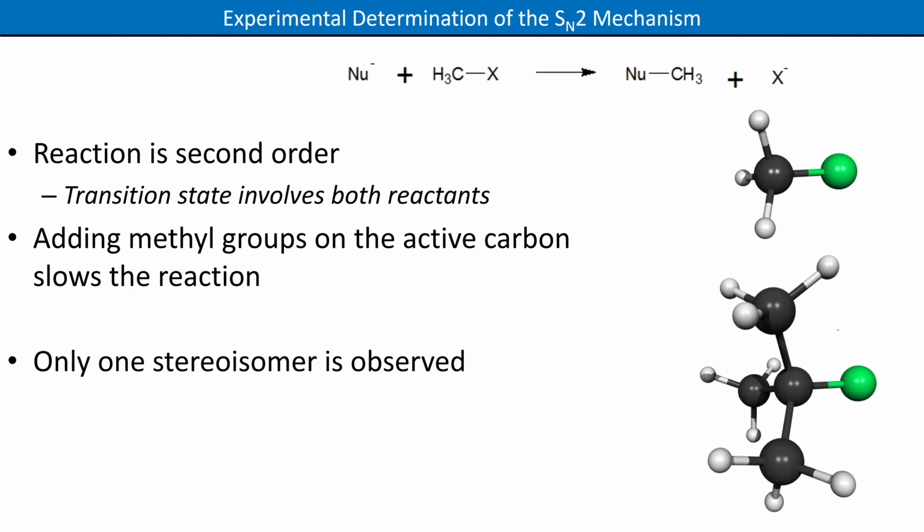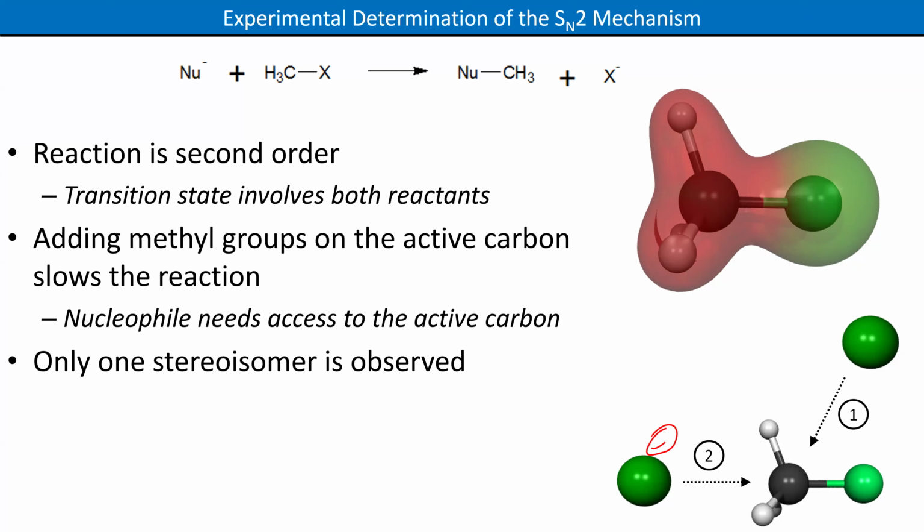The group is still gonna get bumped away, but remember that our nucleophile is a negative charge, right? What's the charge on our leaving group? If it's a leaving group, it's more electronegative than a carbon, right? So we've got a partial negative here.